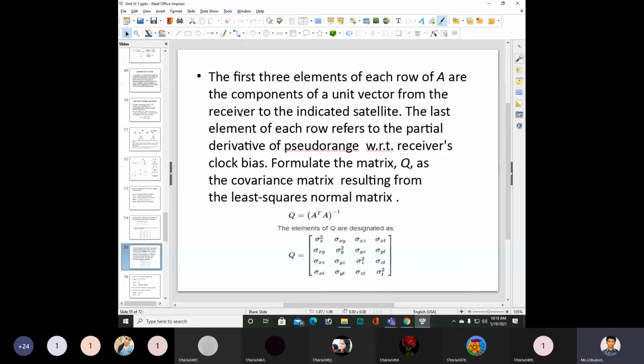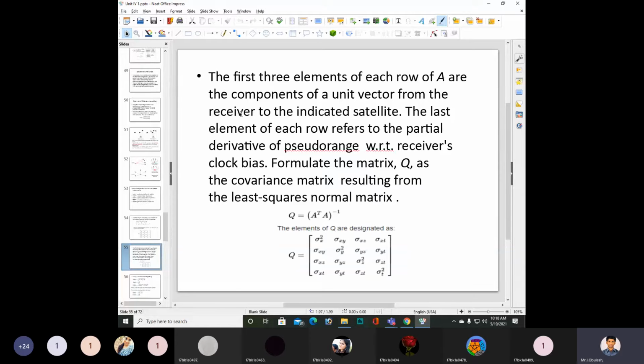You need to formulate the matrix Q as the covariance matrix resulting from the least squares normal matrix.